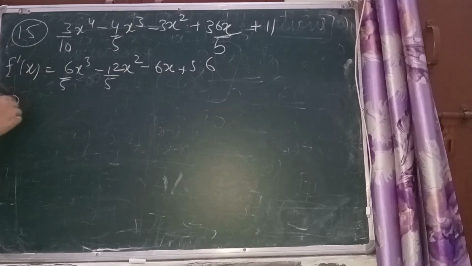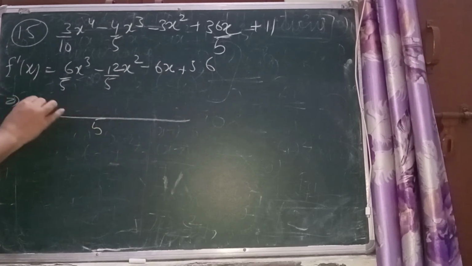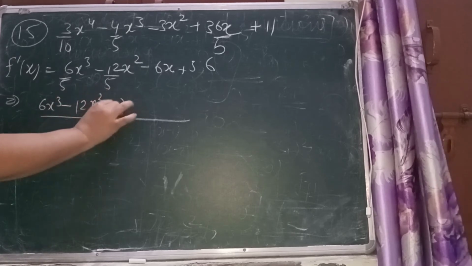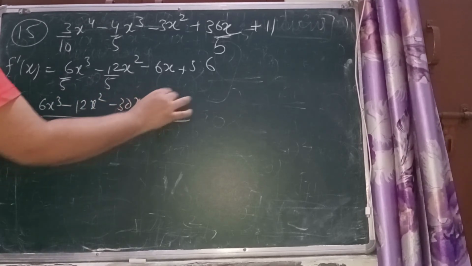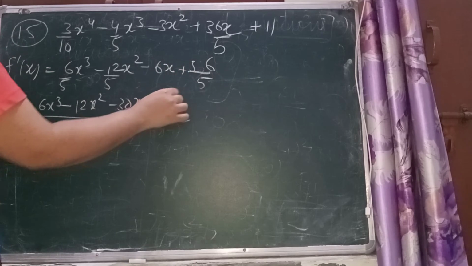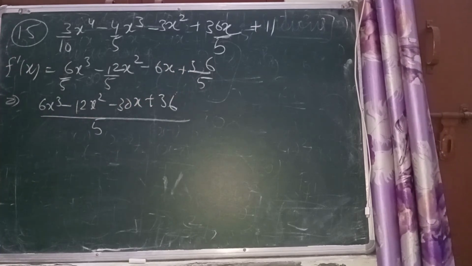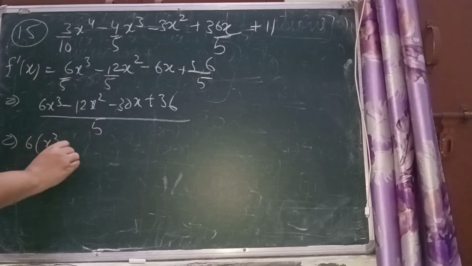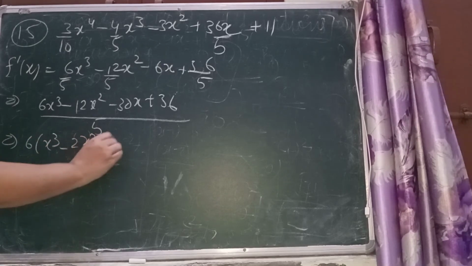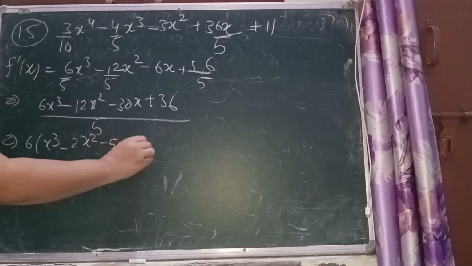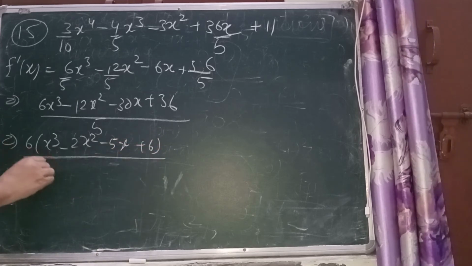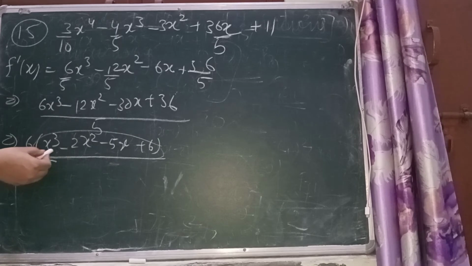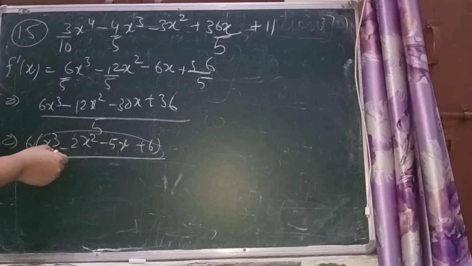So when I take its LCM, let me take 5 here: (6x^3 - 12x^2 - 30x + 36)/5. If I take 6 common outside, it's 6(x^3 - 2x^2 - 5x + 6)/5. When I factorize it, first of all I'll see whether it is divisible by 1 or 2, then I'll divide it by that.